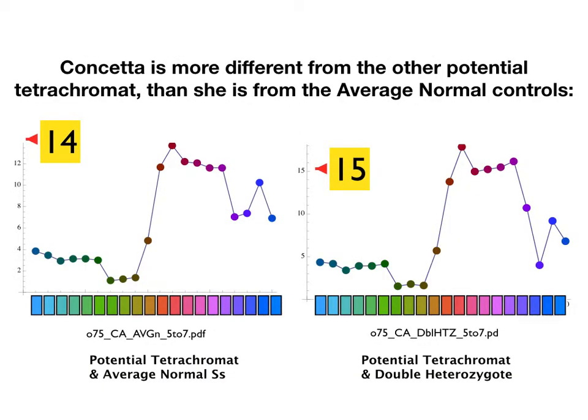Finally, if we compare the difference between Concetta's data and the trichromat control data with the difference between Concetta's data and the other potential tetrachromat that was tested, we notice that Concetta is even slightly more different from the other potential tetrachromat at the maximum level of Euclidean distance that she obtains in certain regions of the color space.